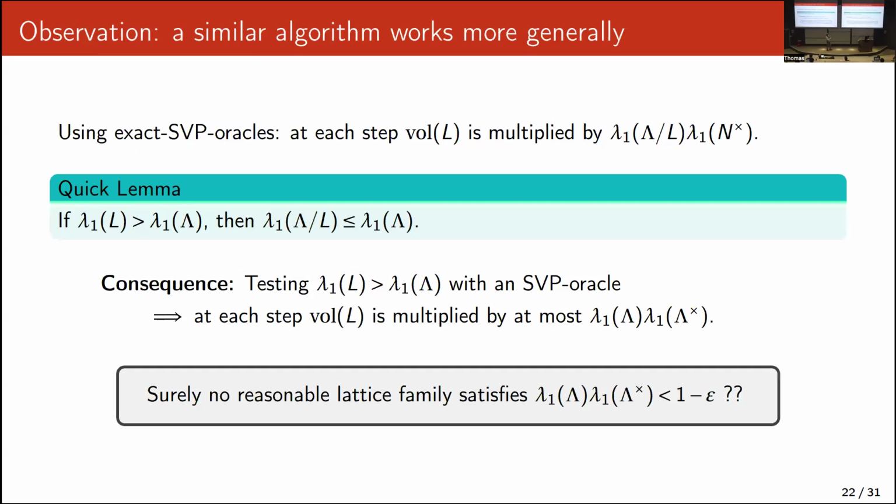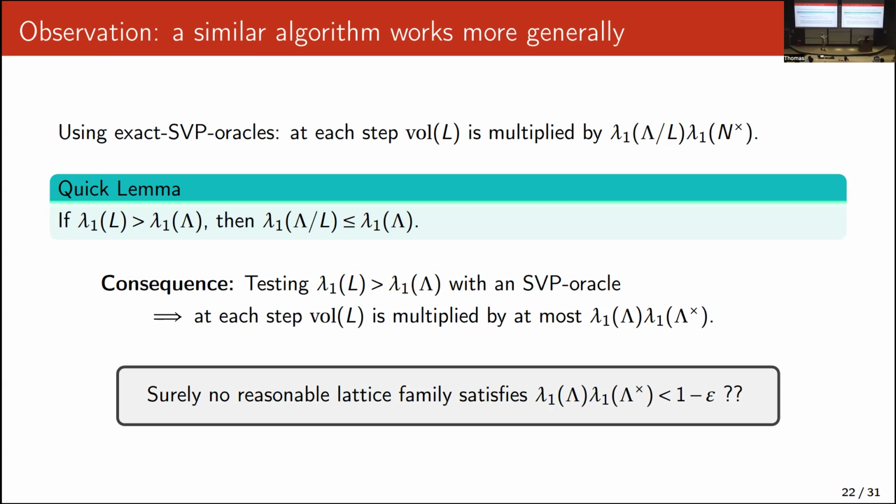I go back to using exact SVP oracles, and I recall that using my primal dual reduction, the volume of L is multiplied by this quantity. So I have this quick lemma here, which is similar to the idea that we had before. If the sublattice doesn't have a shortest vector of the entire lattice, then I show, and this is pretty straightforward, that the shortest vector in the projected sublattice is less than the shortest vector in lambda.